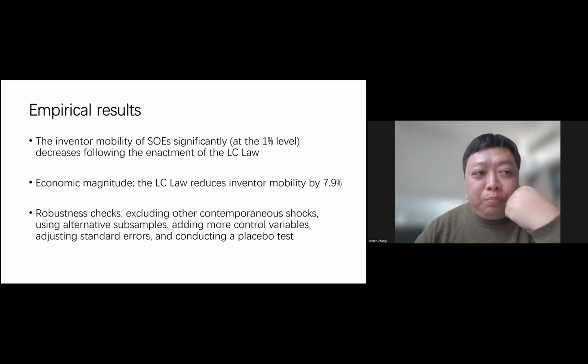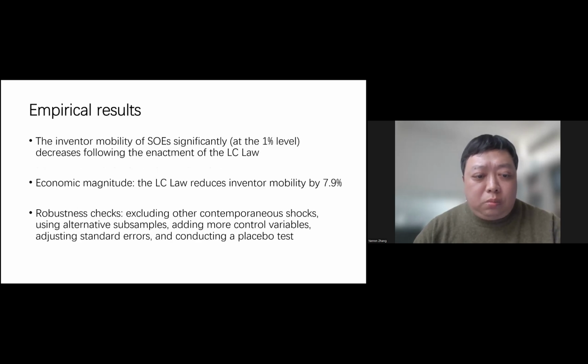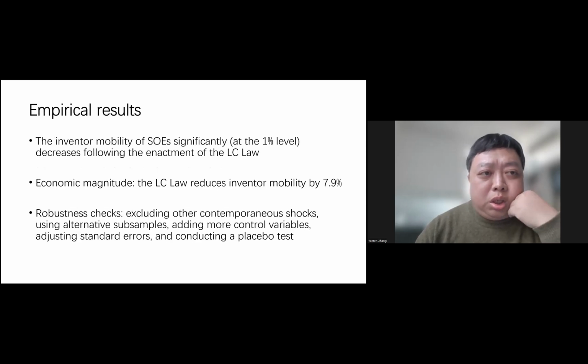This finding stands up to a number of robustness checks, including excluding other shocks around 2008. We also use alternative subsamples, add more control variables, adjust standard errors, and conduct a placebo test.